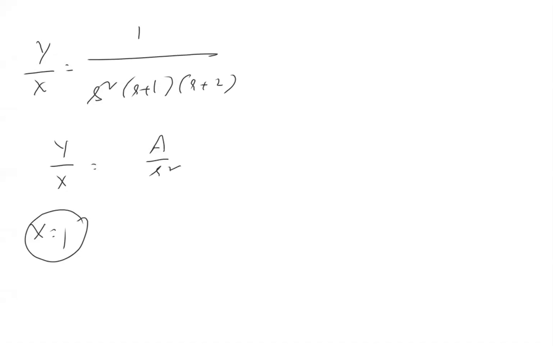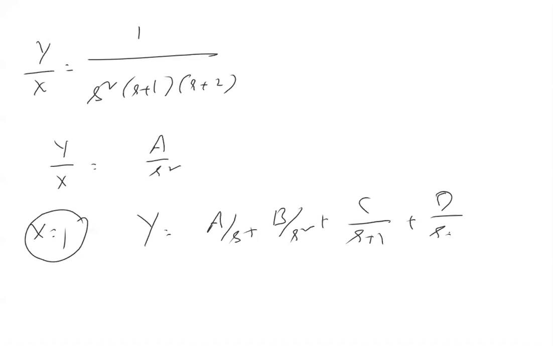Then it becomes a by s plus b by s square plus c by s plus 1 plus d by s plus 2. What happens to y of t? A, b into t, c into e power minus t, d into e power minus 2t.